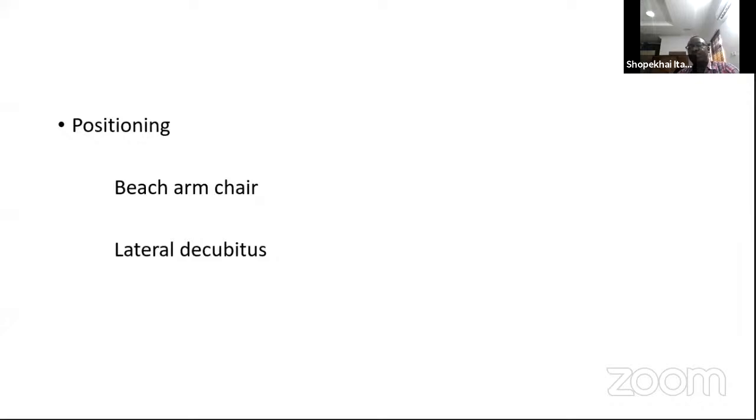The lateral decubitus position, I would love to show you the image, but I couldn't find the image of one we've done. The patient is in a typical lateral decubitus position, and then you have the affected arm abducted 45 degrees and elevated 15 to 20 degrees anteriorly, with a weight attached to that arm, up to a maximum of 5 pounds, which is about 4 kg, depending on the individual.